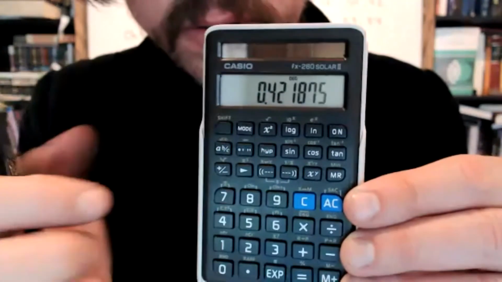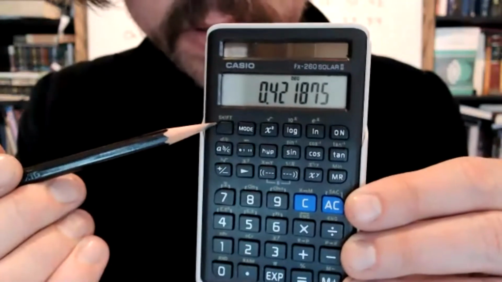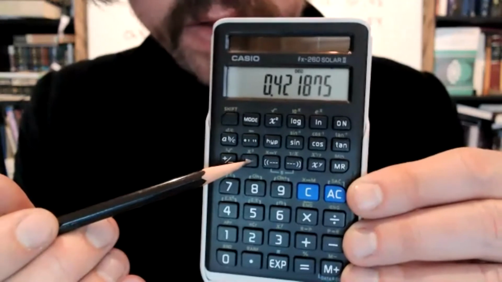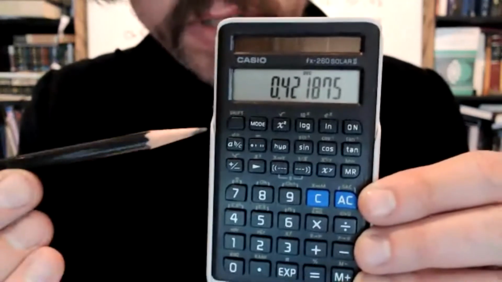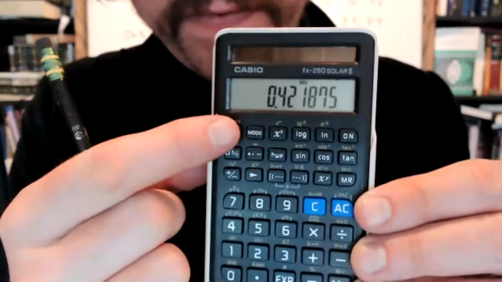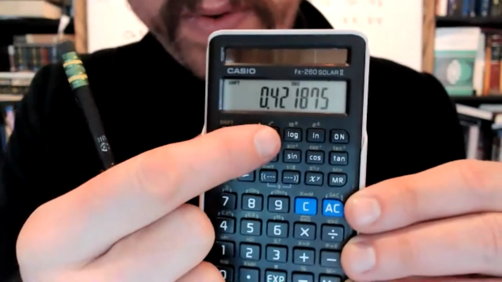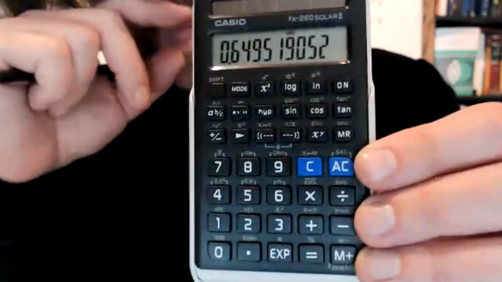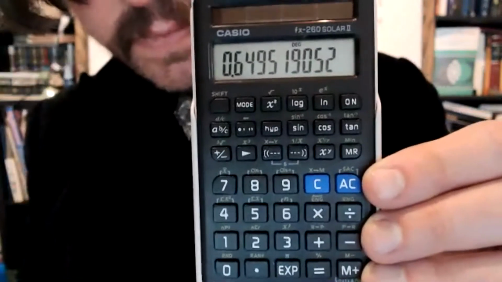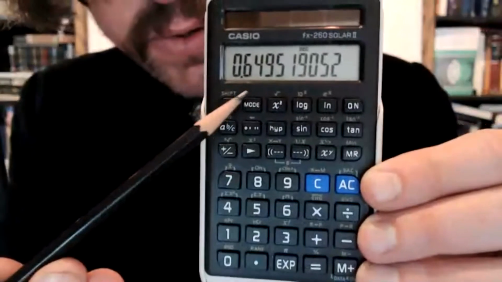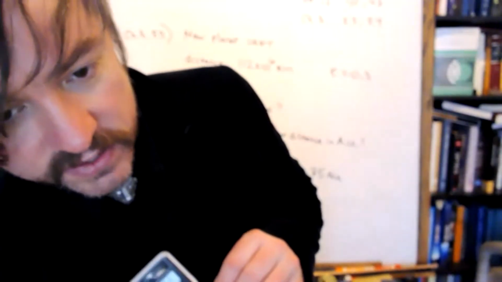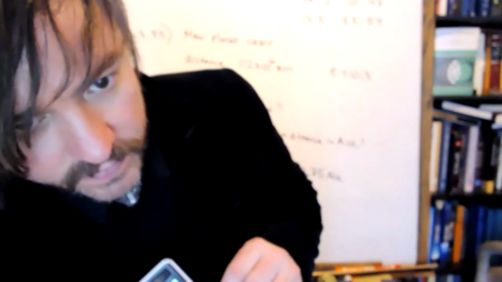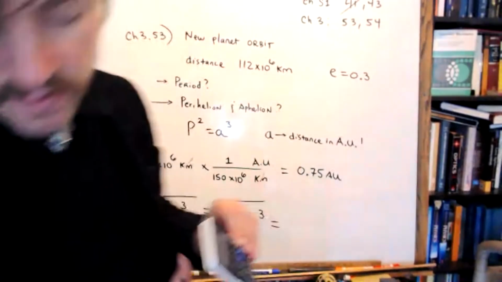So we're going to go shift, square root. Do you guys have that? I'm going to round it to 2 sig figs for fun, 0.65. And the units are always years when you calculate the period. So this is like your first time going through this, so it's a little weird.